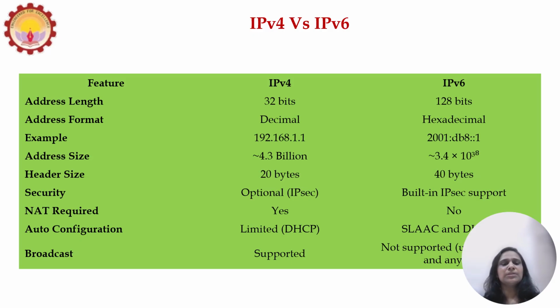The address size is approximately 4.3 billion in the case of IPv4, whereas IPv6 has 3.4 into 10 to the power of 38 addresses. When we talk about the header size, IPv4 has 20 bytes, whereas IPv6 has 40 bytes. In IPv4, security is optional, whereas in IPv6, it is built in.